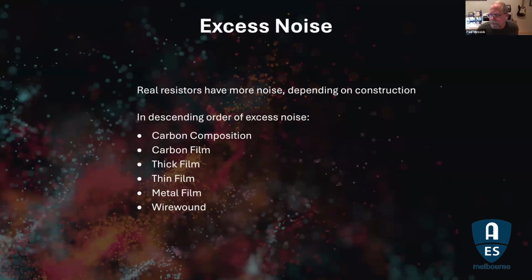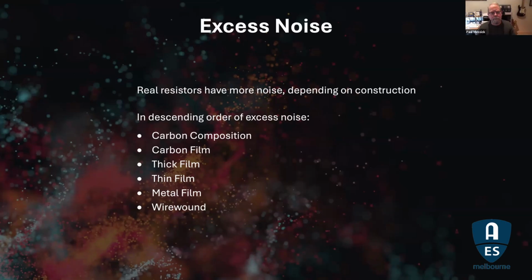There's another kind of noise that you get with resistors, which is excess noise. This is dependent on construction. So something like a carbon comp that we might have used in the 40s and 50s and 60s, that's literally where they've taken some carbon and pounded it into a cylinder and stuck some wires in the end of it.